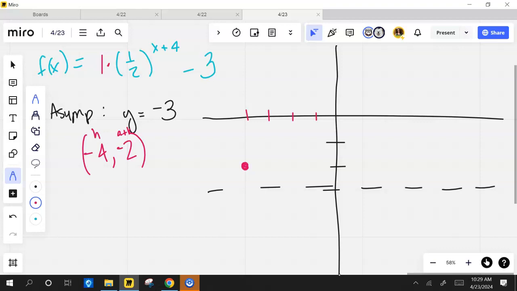So a is 1, b is 1/2, h is -4, and k is -3. Where are you confused?